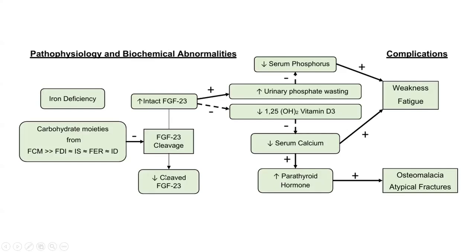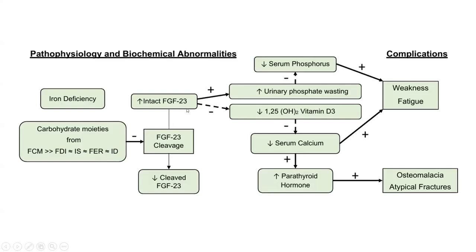FGF23 has to be cleaved and removed from circulation. FCM's carbohydrate moiety has the propensity to prevent this cleavage, thus raising the levels of FGF23. This causes increased phosphaturia, urinary loss of phosphorus, thus reducing the serum phosphorus.